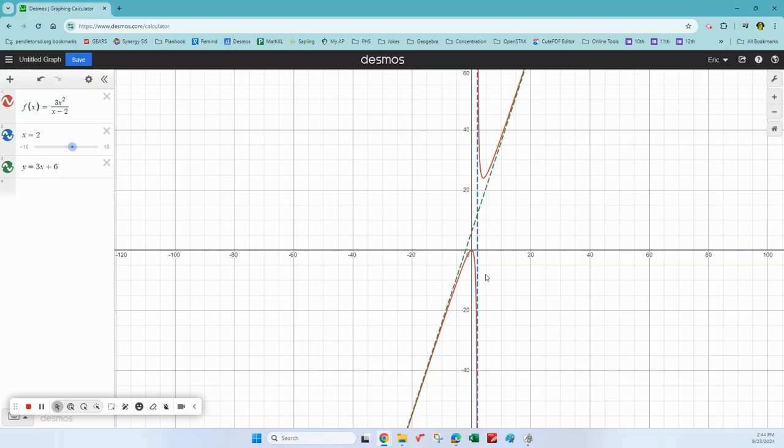We know we have to stick to that as we approach 2 for the vertical asymptote, and as x gets really big in the positive or negative direction, we're going to stick to the slant asymptote. It doesn't really give us a lot of options. It really narrows down the possibilities for this thing. Okay? That make sense?